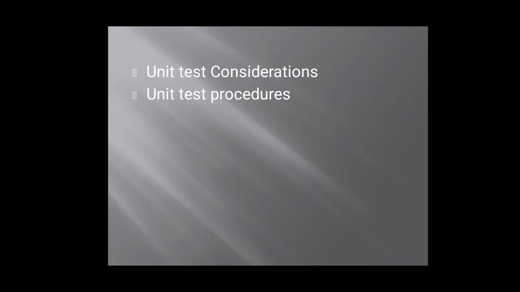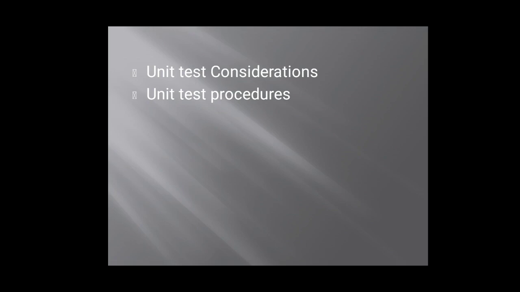Unit testing has two bifurcations, that is unit test considerations and unit test procedures. When we talk about unit test considerations, each and every module will be checked. Local data structure is checked. Local data structures means all the algorithms will be applied to the data. Boundary conditions are tested.